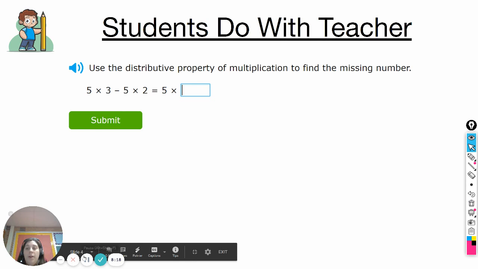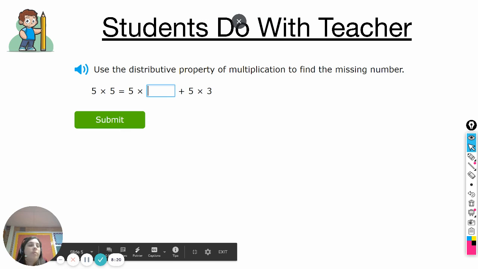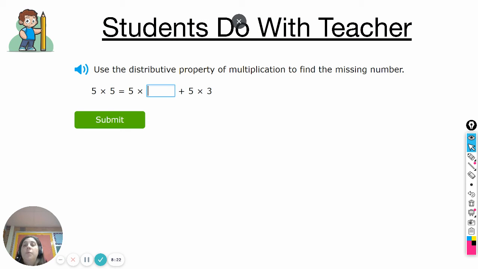Okay, let's look at another one. Okay, this one is a little bit different because if you've noticed, the answer is here at the beginning, okay? So we have to kind of figure out the question. So we're going to draw our 5 rows of 5.